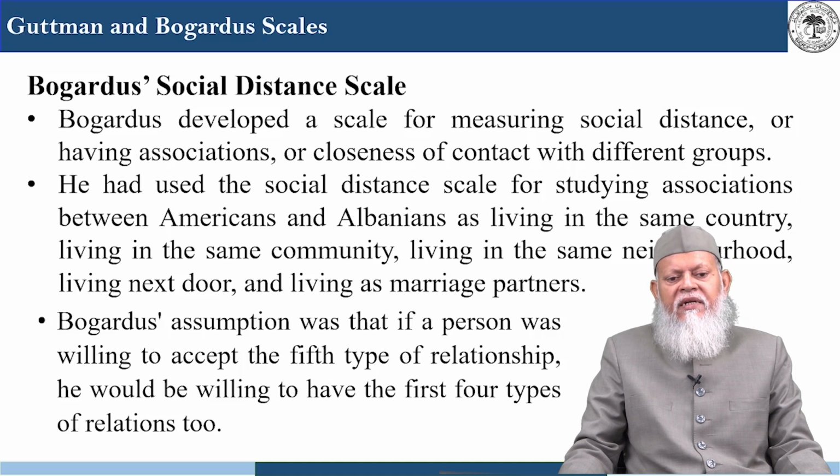That is what explains Bogardus' assumption that if a person was willing to accept the fifth type of relationship, he would be willing to have the first four types of relations also.